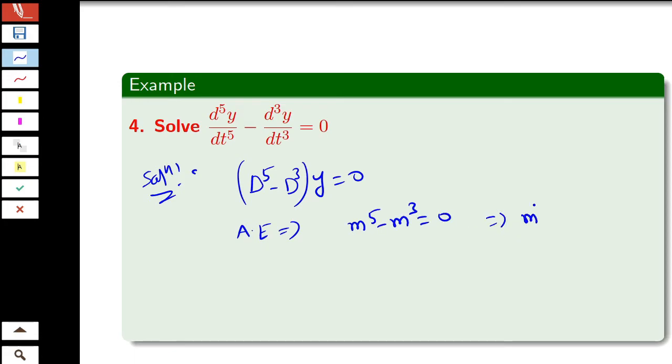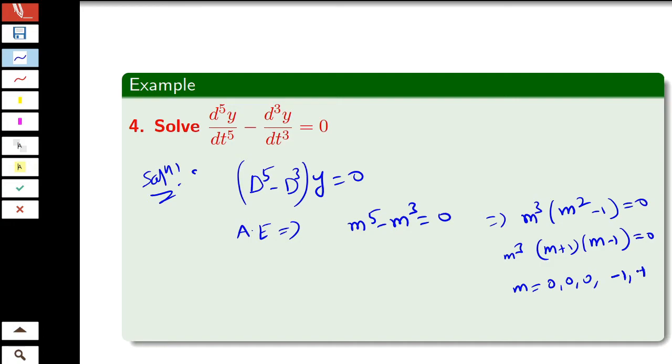You can take m cube common, remaining is m square minus 1 equal to 0. So here m cube, (m square minus 1) is of the form a square minus b square, which you can write as (a plus b) into (a minus b). What are the roots? m cube equal to 0 means 0, 0, 0, and here minus 1 and plus 1.